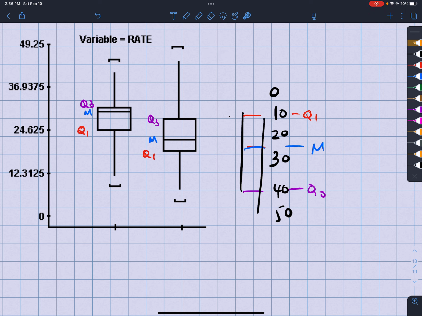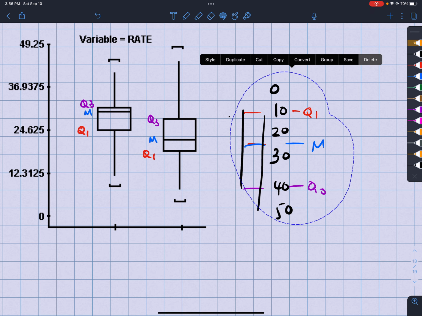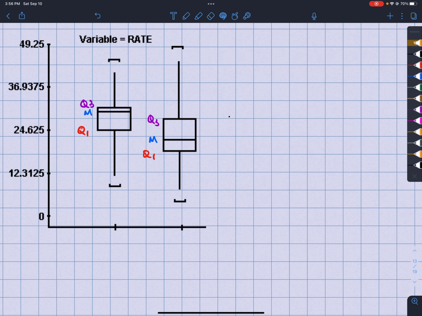I'm going to tell you it's going to be a lot further apart, because these numbers are tens apart. Before, it was 1, then 2.5, then 4, and those lines are pretty darn close to each other. This is from 10 all the way to 25, all the way to 40. So imagine how big that box is going to be. That's why I want you guys to think about this.